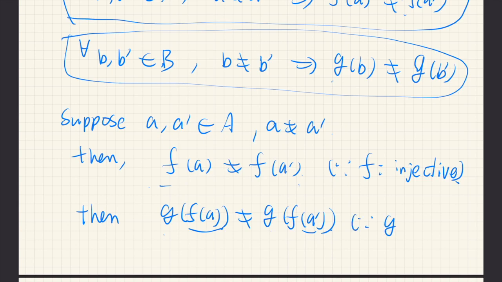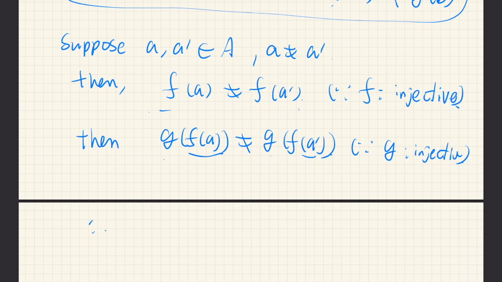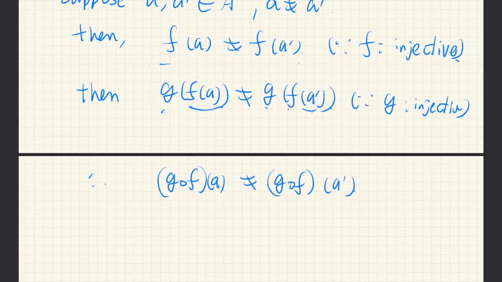Therefore, g of f of A means g after f of A, and g of f of A prime means g after f of A prime. This is the definition of composition. Therefore, g after f is injective.